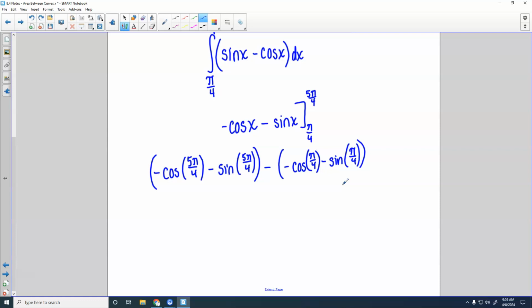What is cosine of 5 pi over 4? Negative square root of 2 over 2.